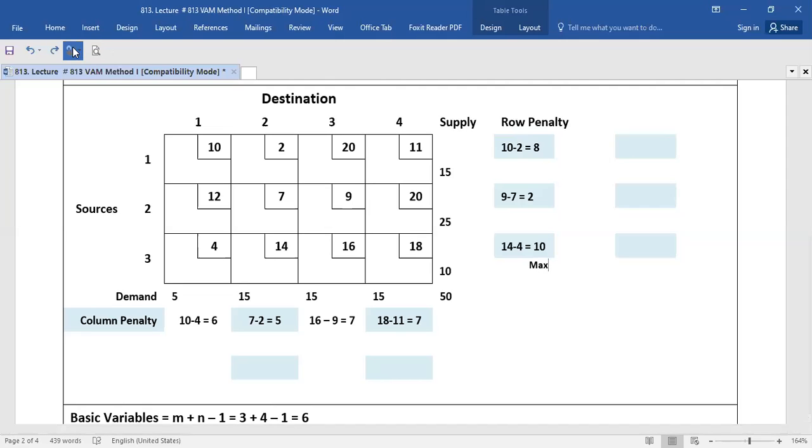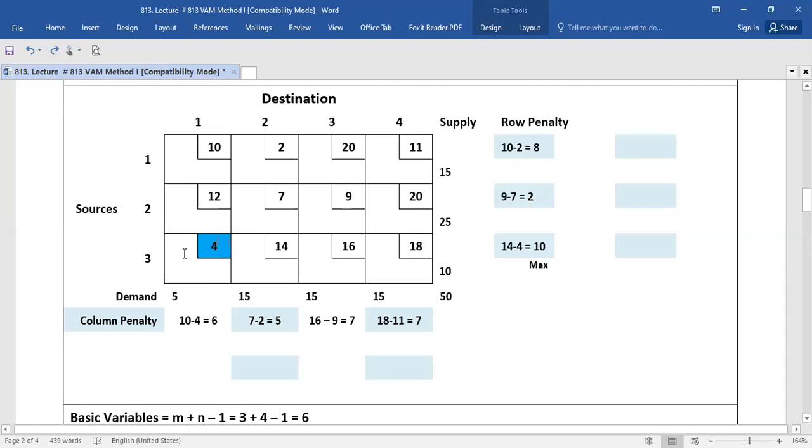You see these are the 4 cells where you can make your first allocation. But in which cell? This is the cell which has minimum cost in this row. Here you will make your first allocation.